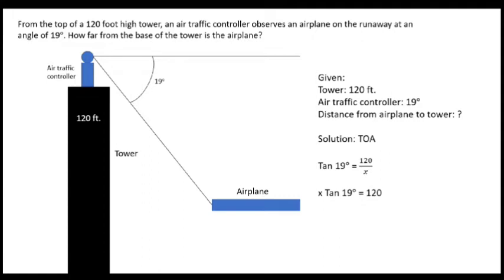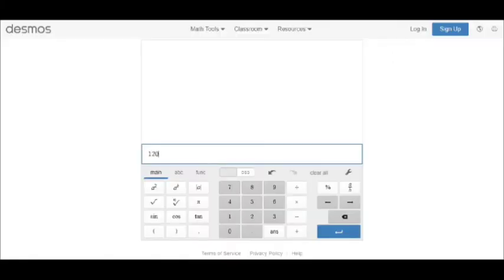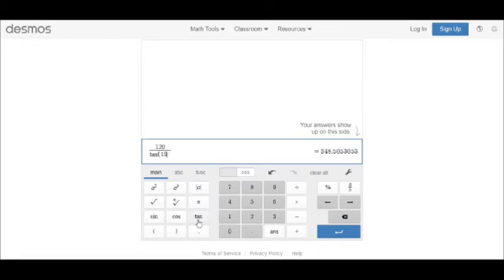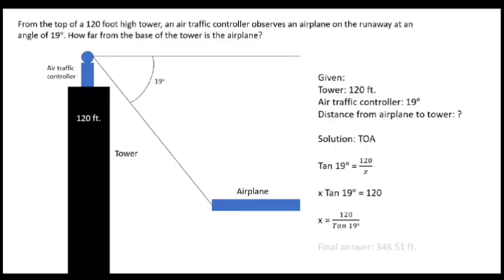Substitute x to the left side of tangent 19 degrees and it equals 120, and substitute tangent 19 degrees to the denominator of 120. On the calculator, 120 divided by tangent 19. The answer is 348.51 feet.